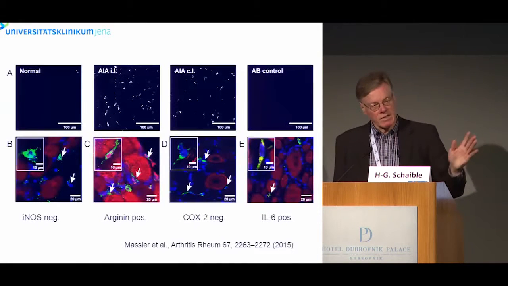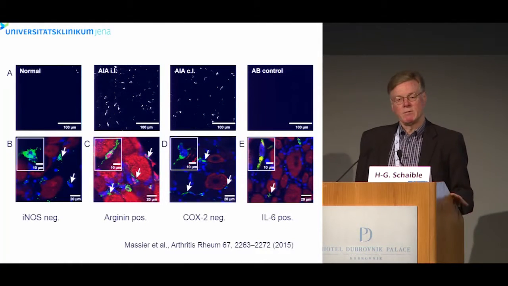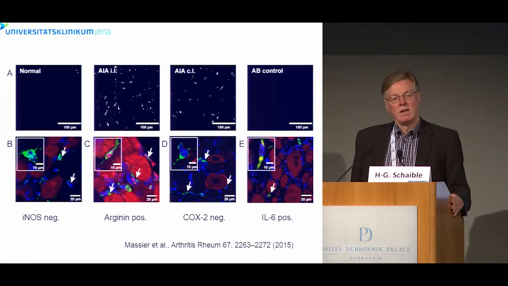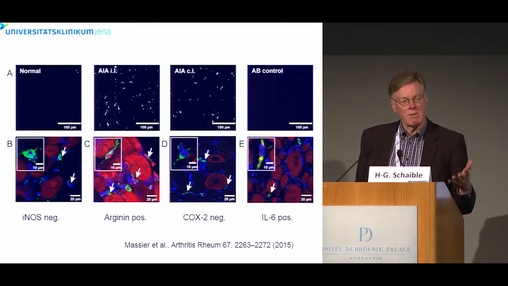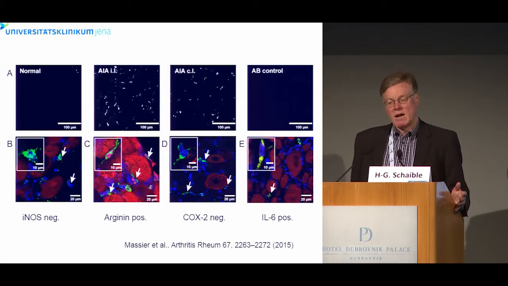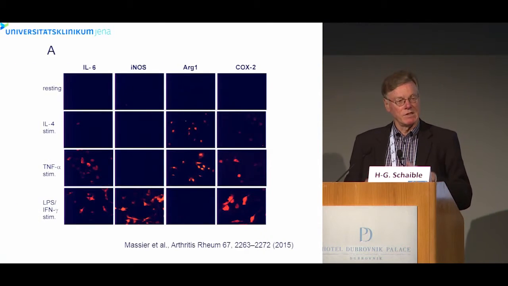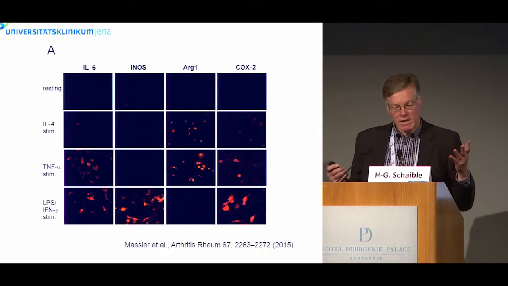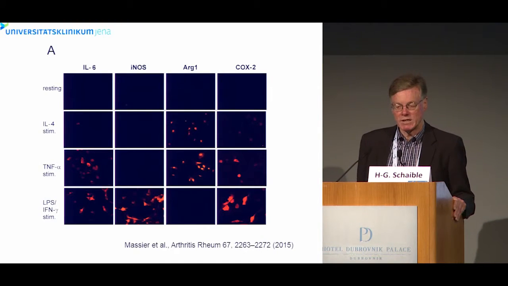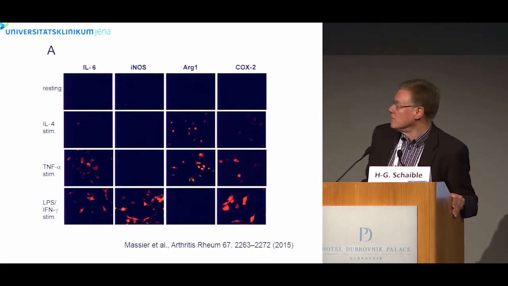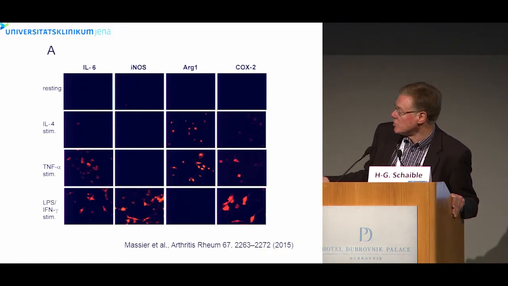And we characterized this. I don't want to go into many details. We tested several markers, and then we looked at what type of macrophage that could be. And what we found is that in our hands, the macrophages in this dorsal root ganglia were the TNF-stimulated macrophages.